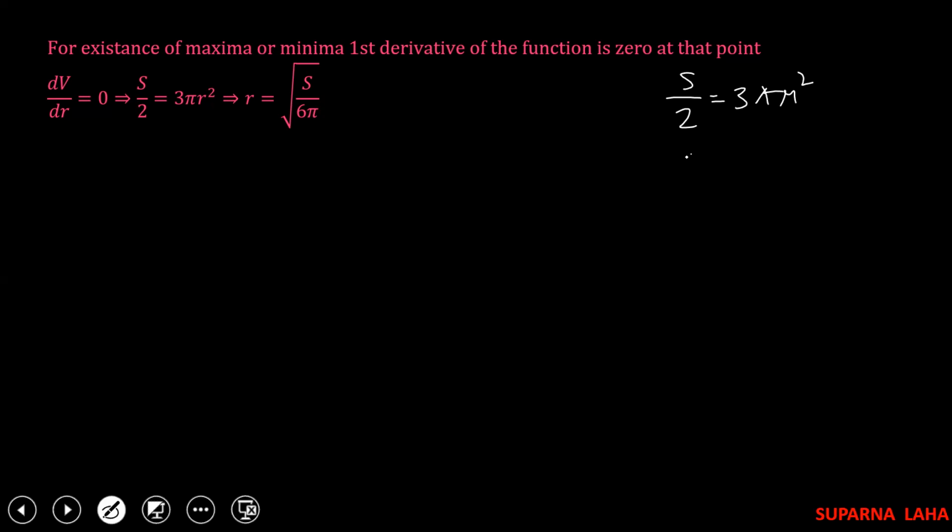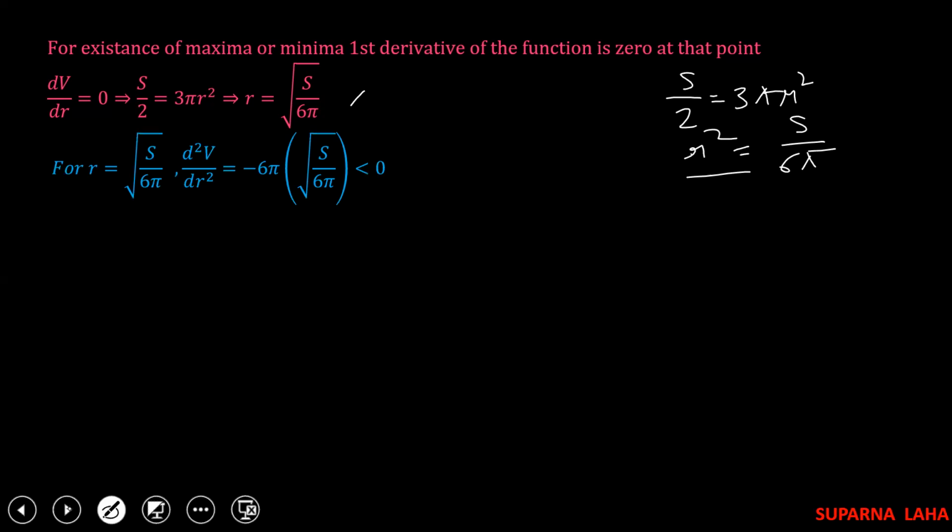So from here I can write r squared is S upon 6 pi. Then r is root S upon 6 pi. Now put this value into the second derivative. It will always be negative. We already checked it. Just put the value and show it is negative. If it is negative, then we get the maximum volume at this point.